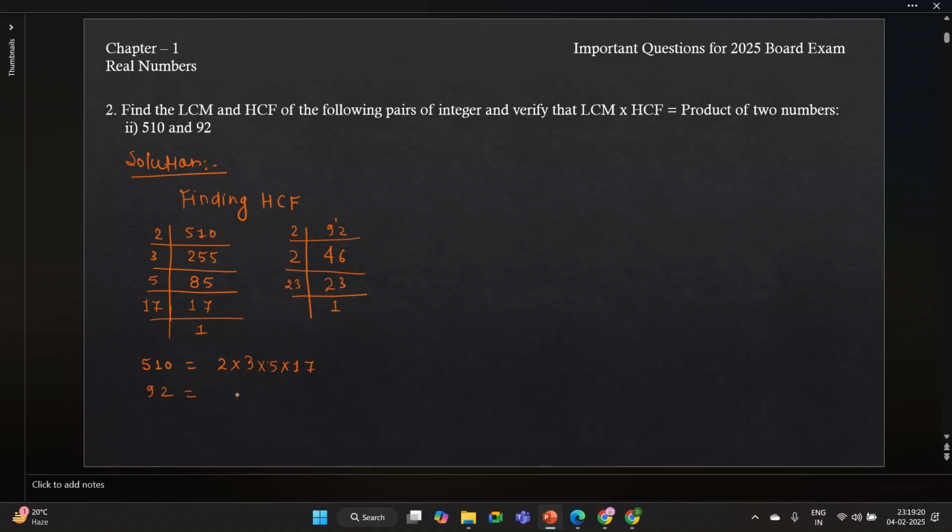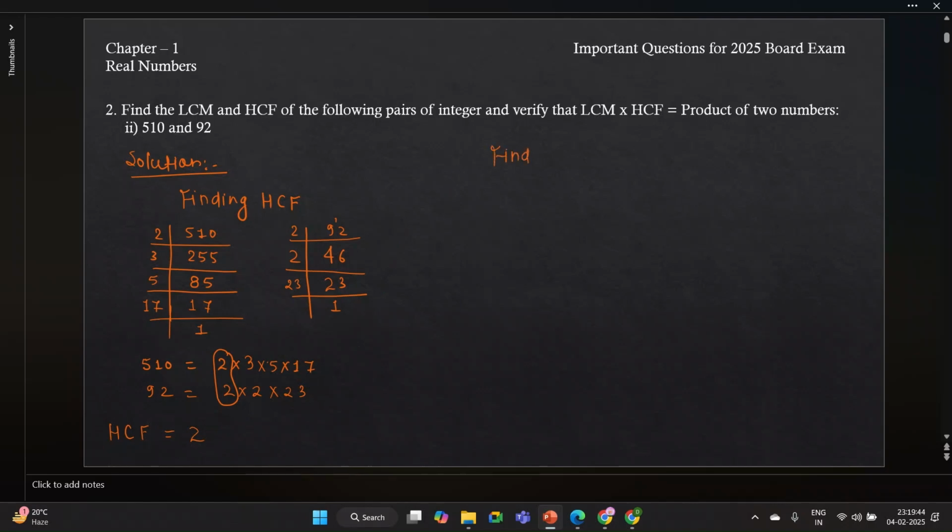So 92, I'm writing it down, 2 times 2 times 23. Which number is common in these factors? So you can check here, 2 is common in these factors. So we can write it down here. HCF is 2.